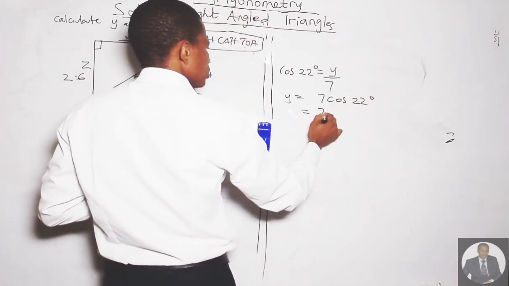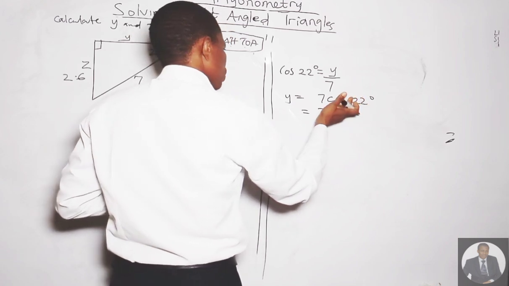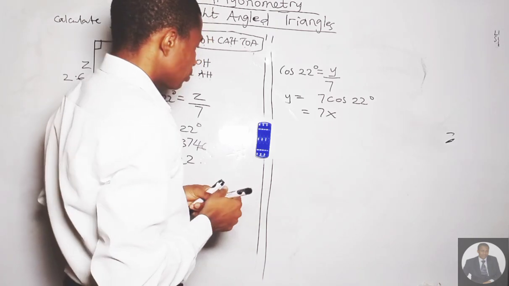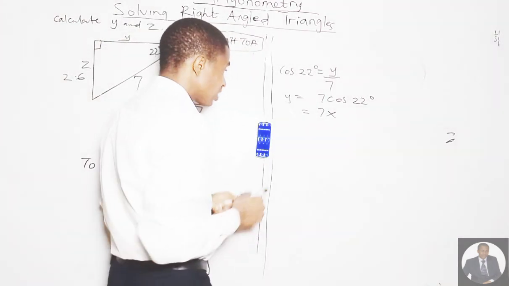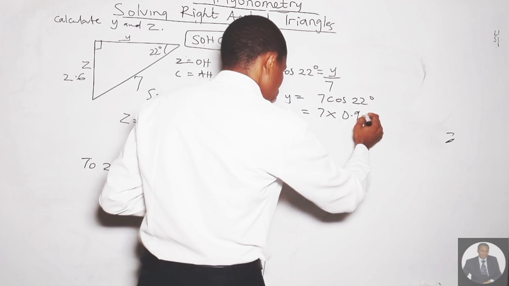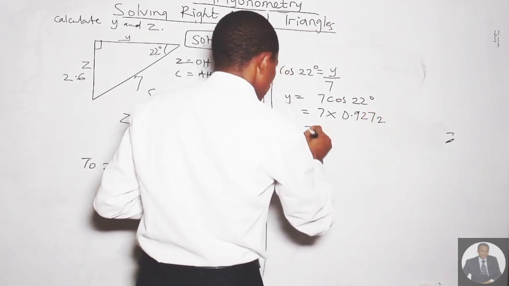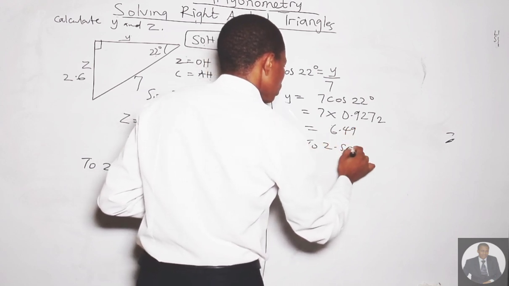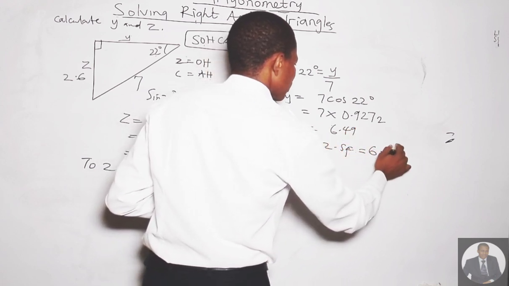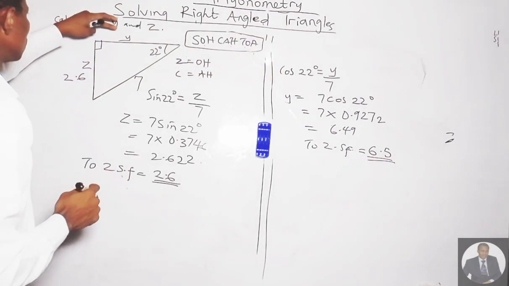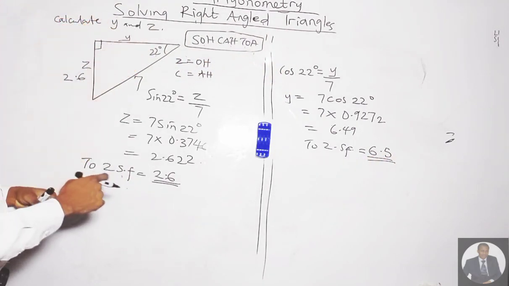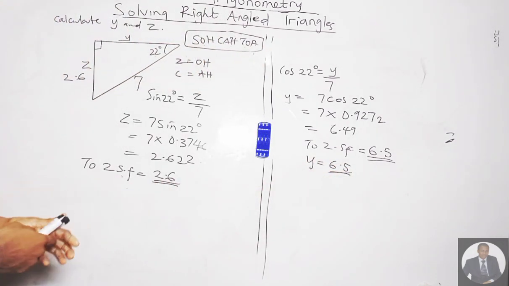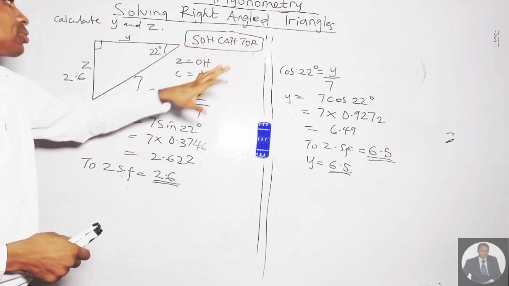We go to our four-figure table and check what is cosine 22, or we can press our calculator and get the answer directly. Cosine 22 will give us 0.9272. If we multiply this, it will give us 6.49. Now to two significant figures, this will be 6.5. So this side y is 6.5.